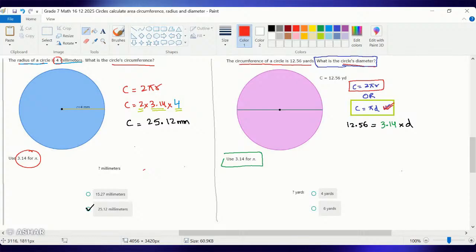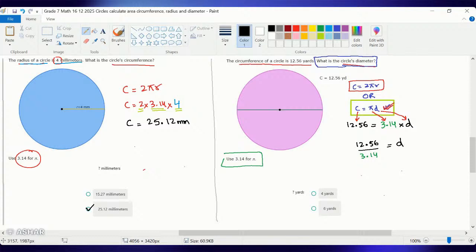That means the circumference was 12.56. The value of pi was 3.14 and the diameter you had to find. So if 3.14 is multiplying on this side, can we write this as 12.56 divided by 3.14 and it should be equal to the value of the diameter?